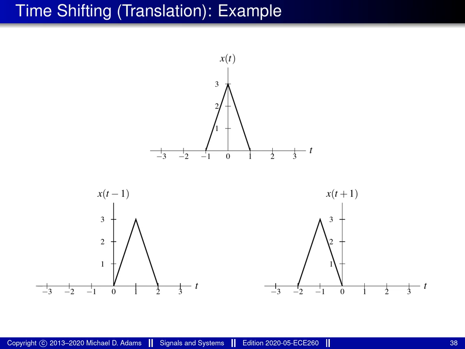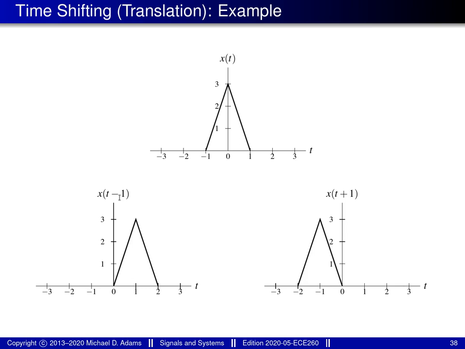So at this point, I just want to consider a couple of examples to illustrate this transformation called time shifting, or equivalently translation. So suppose that we have a function x which looks like what's shown in this graph at the top of the slide. And suppose that we take our independent variable t in the formula for this graph that we have plotted, and we replace all the t's by t minus 1.